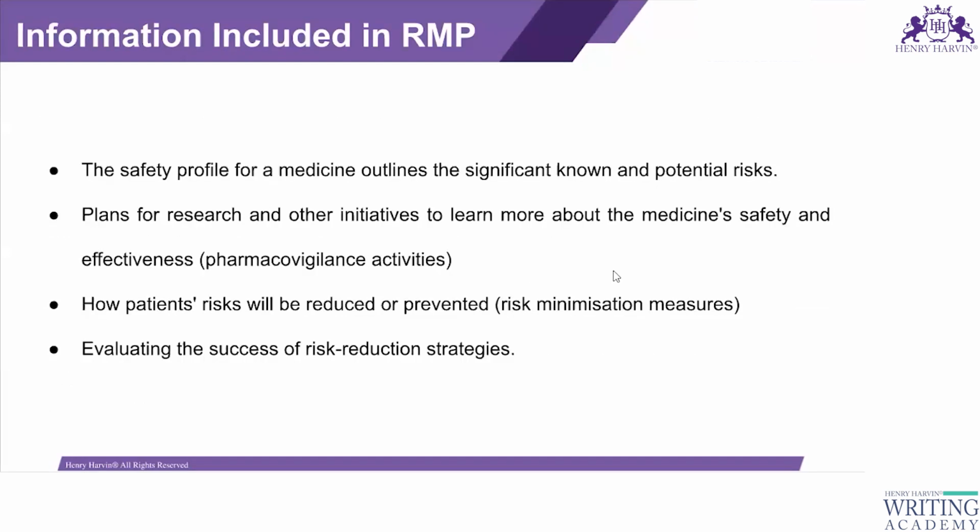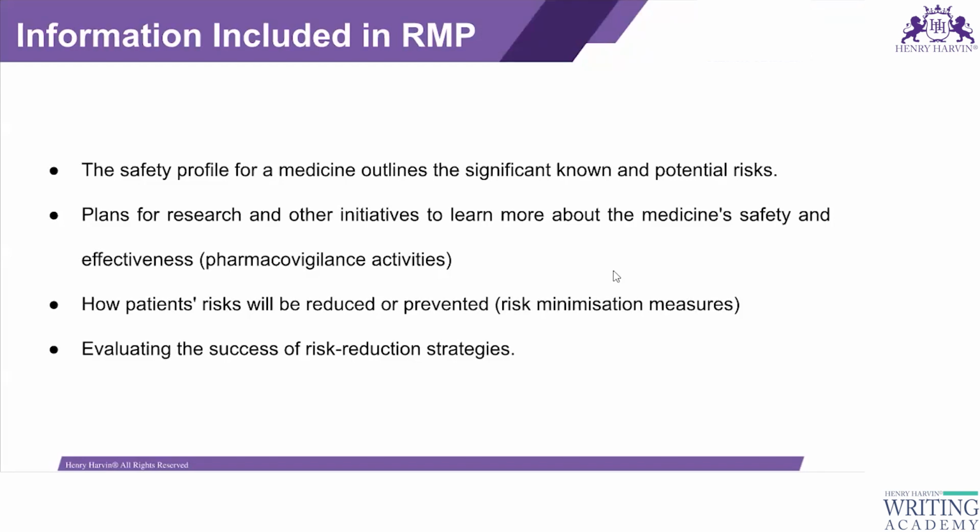Okay, what is the information which is included in an RMP? The safety profile of a medicine outlines the significant known and potential risks. So the safety profile, which is related to the use of the medicine, also outlines what the potential risks are which are associated with the use of the drug, what the adverse drug reactions are, whether they are serious, non-serious, potential, or anticipated.